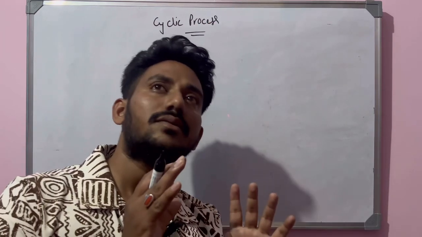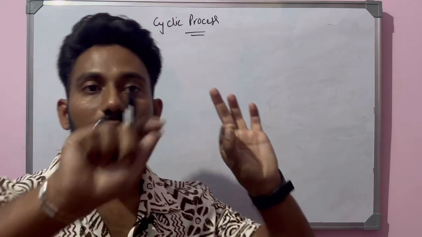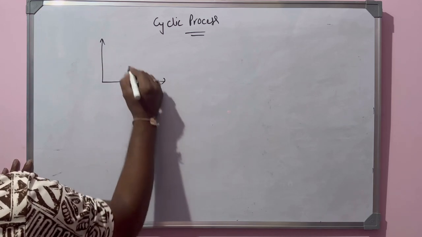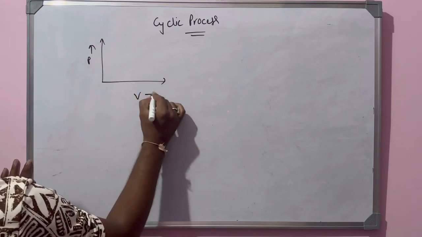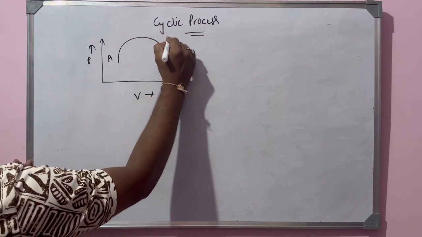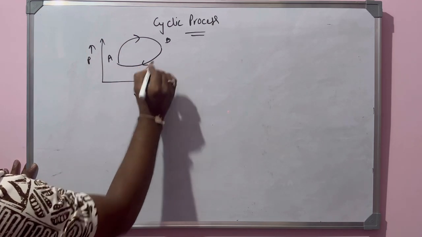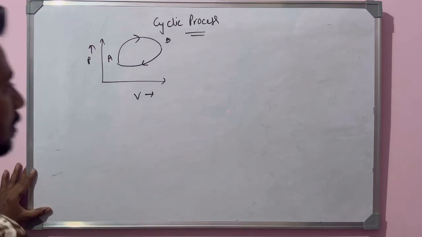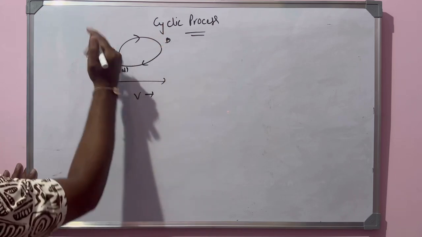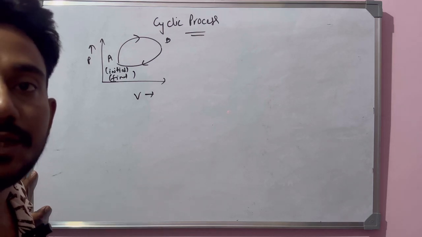Whenever there is a formation of a cycle, it is always formed whenever my initial and final point become the same point. Right? Suppose I am starting from A and going to B in a pressure versus volume graph, and again from B to A, I am forming a cycle. Can you see? This was my initial point. I started from A, I went to B, then back to A. So my initial and final point are the same. So then this process is said to be a cyclic process.